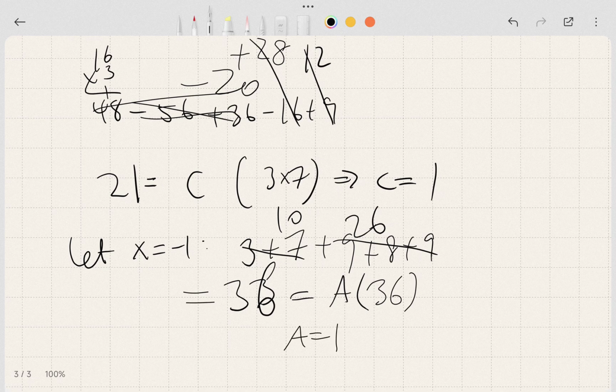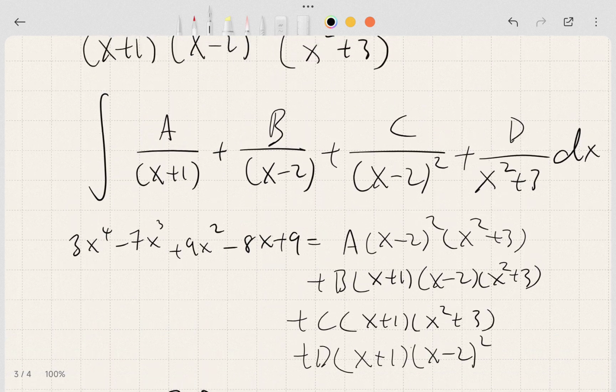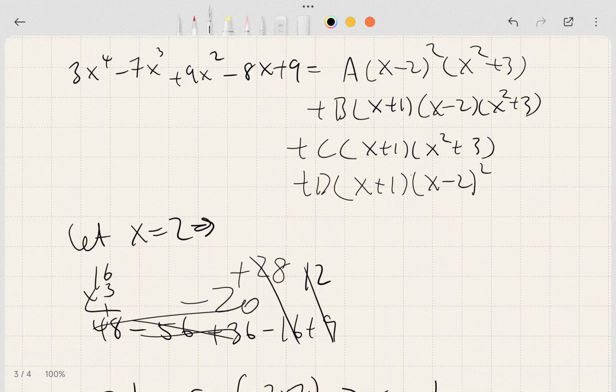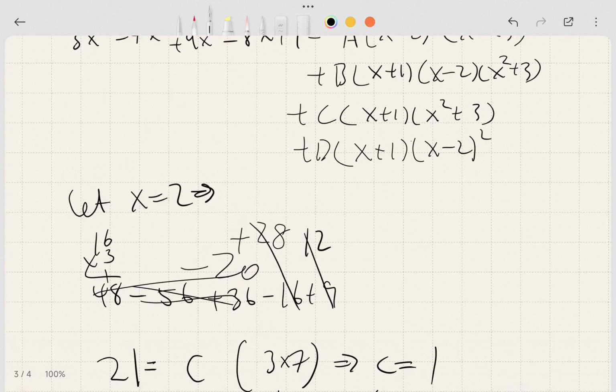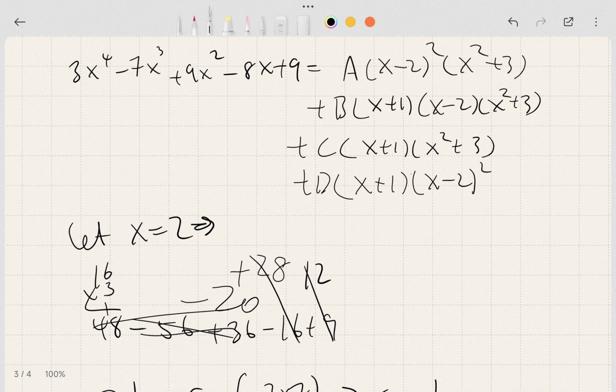Then we have to figure out the rest on our own. Okay, so we have C and A. We just need to figure out what B and D are.